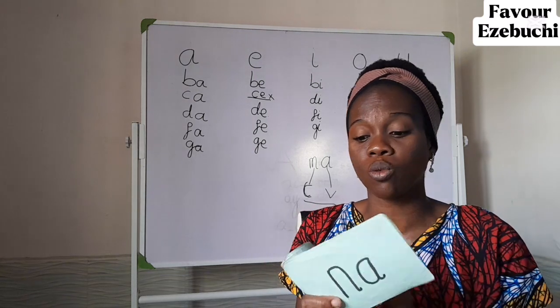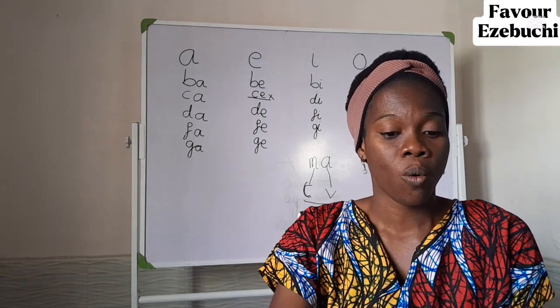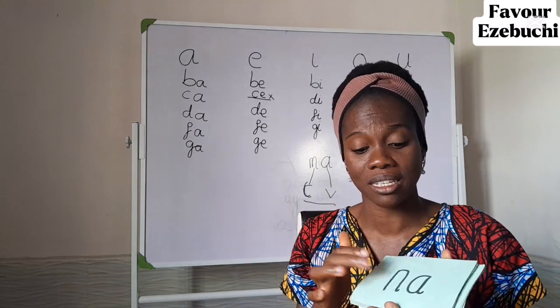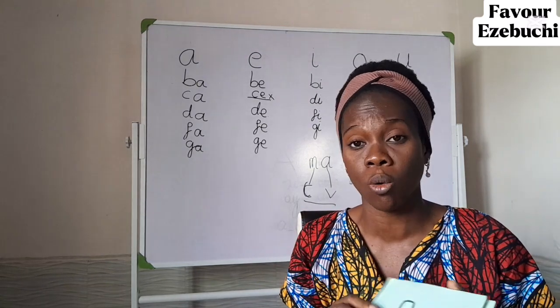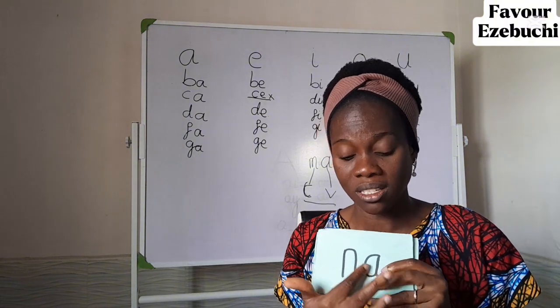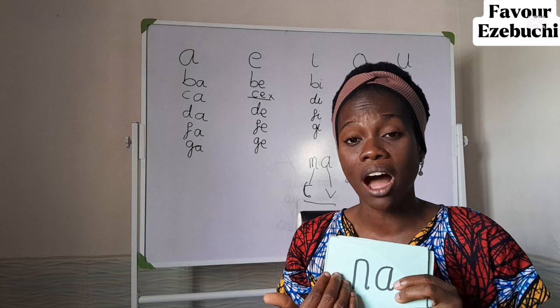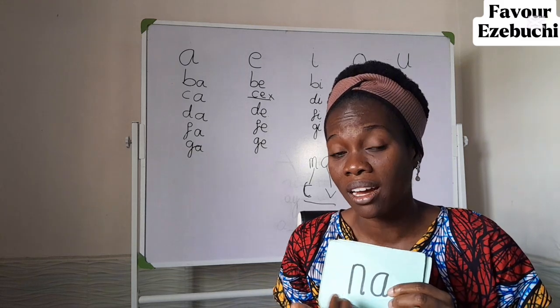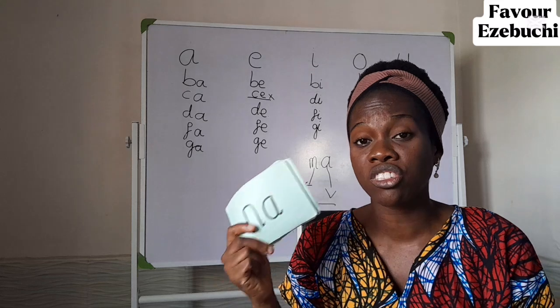I have this up to Z. When the child is done blending this, please don't show the child that this is A is what? Na. No. You tell the child, what sound is this? And what sound is this? A. So the child is going to blend, and A forms what? Na. Again, Na. That's how you teach the child.